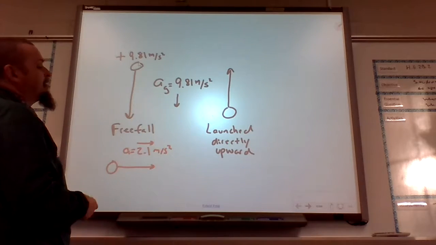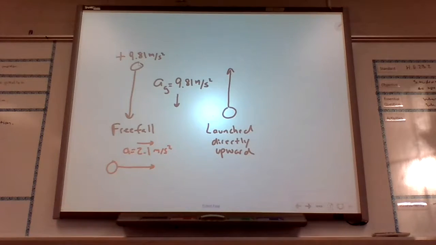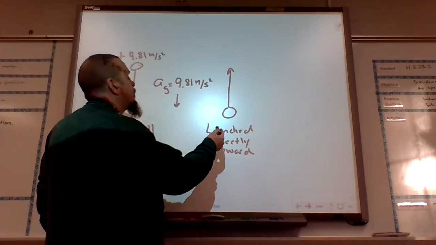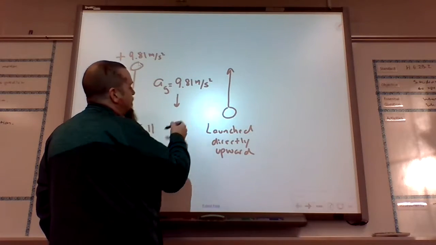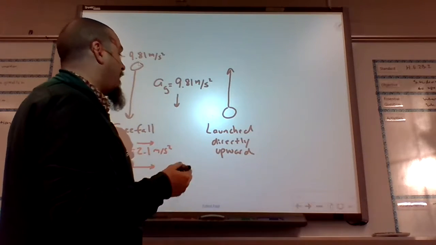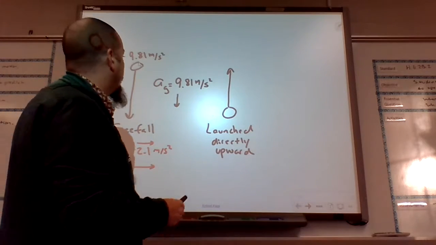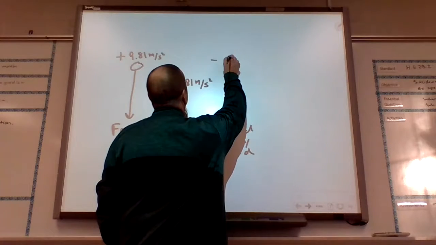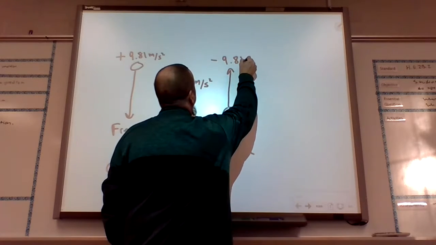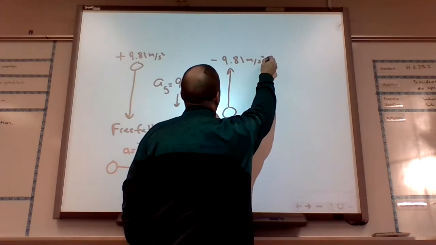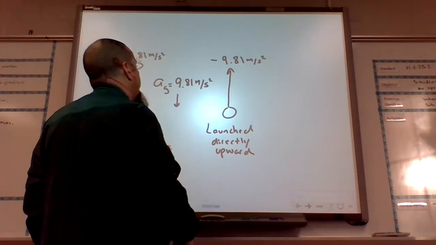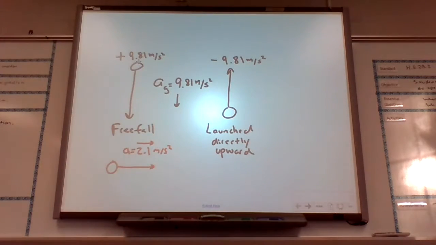In the case of an object launched directly upward into the air, the object's motion is upward, while the pull of gravity is downward. They're in opposite directions, so this object would slow down. The slowing down is negative acceleration. So we can use negative 9.81 meters per second squared in these cases.